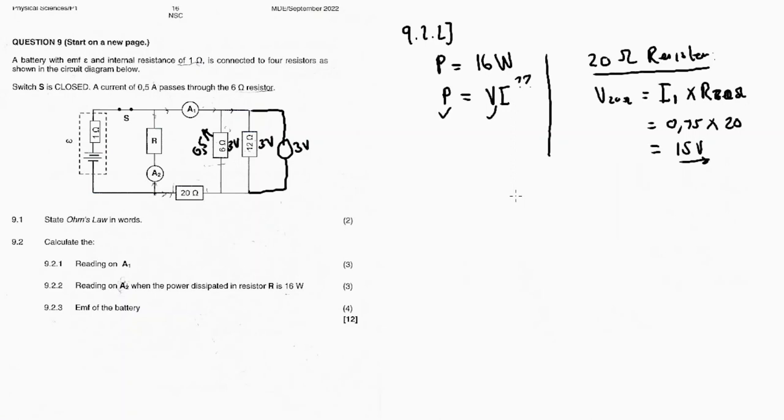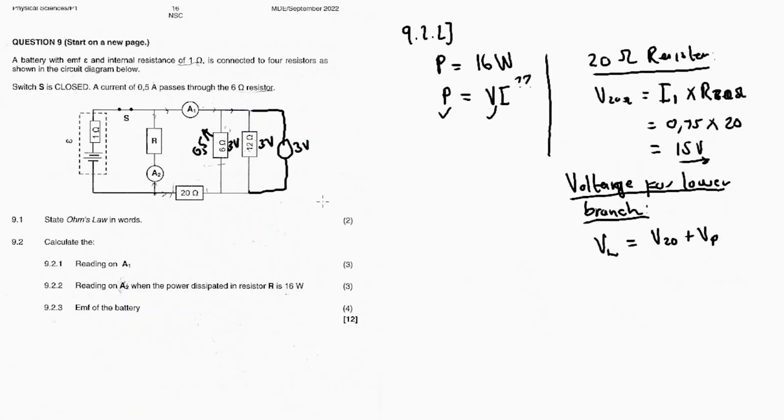Therefore, let's say the voltage for the lower branch is V subscript L, equal to V for the 20 plus V for the parallel connection.